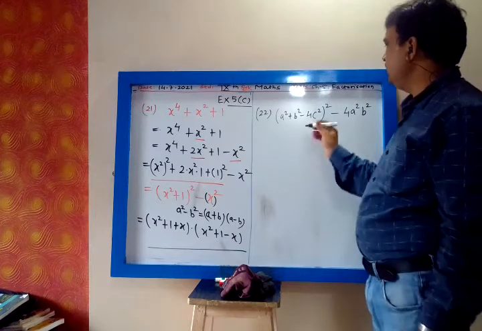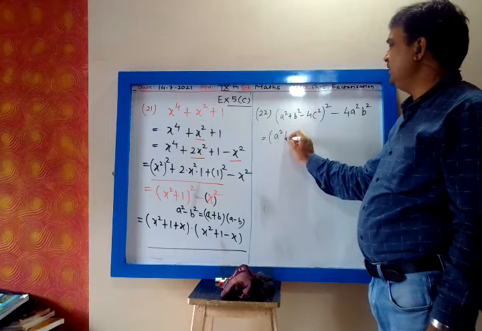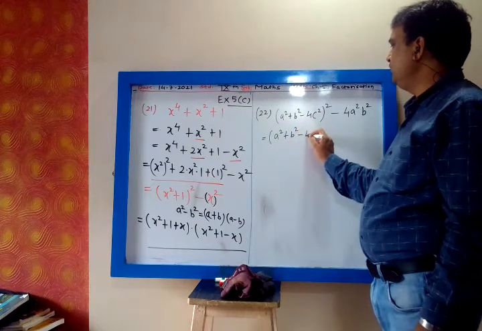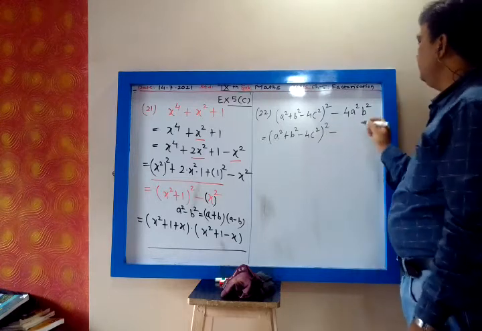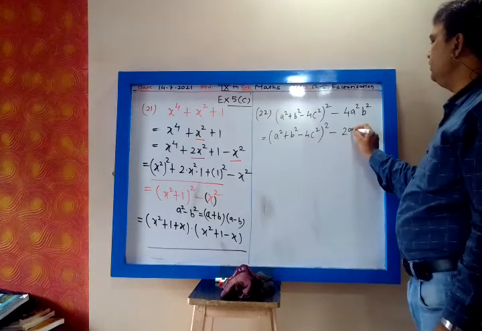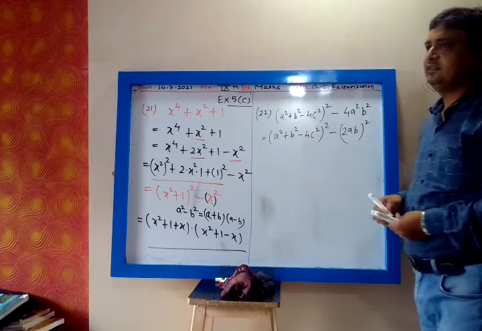Okay, so what you can write this, you can write a square plus b square minus 4c square, whole square, and 4a square b square you can write as 2ab whole square.